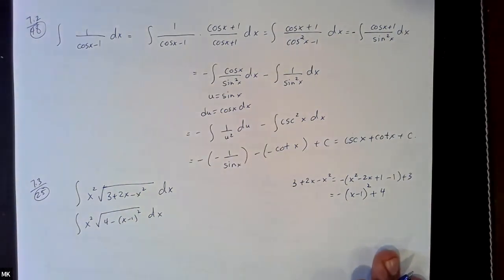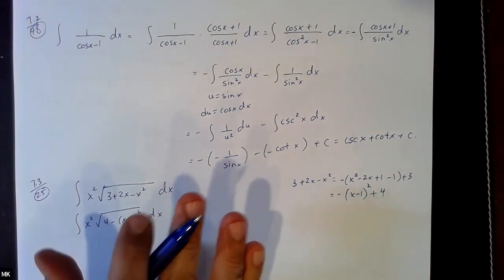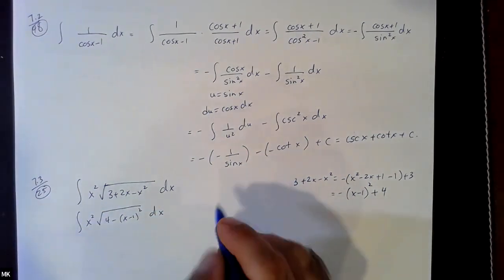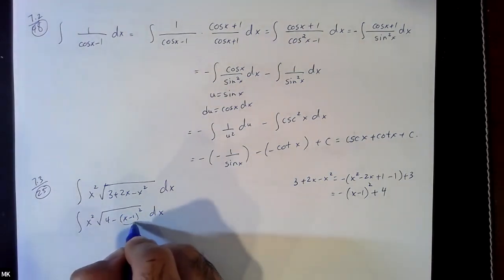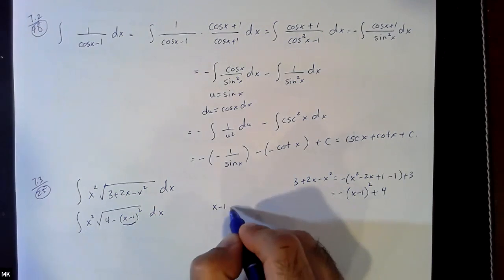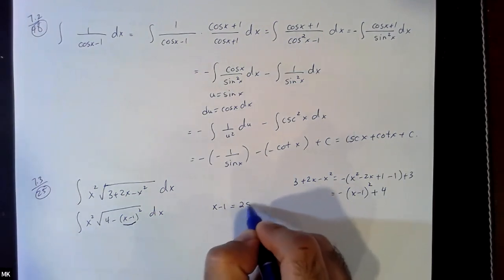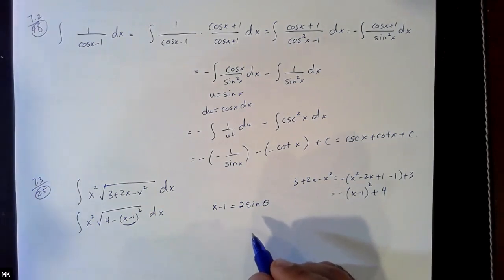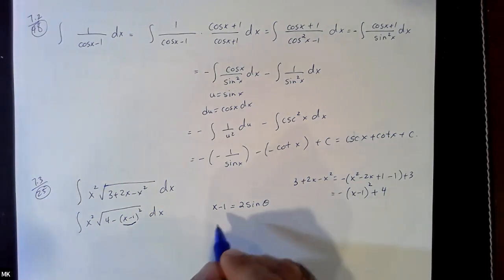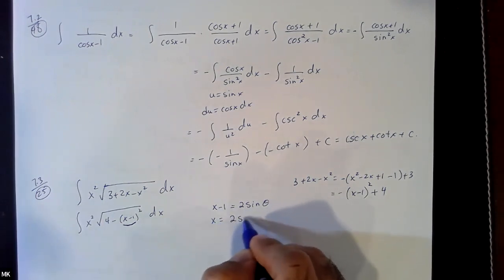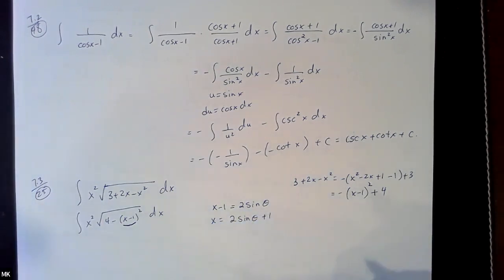So this is really the biggest part of the problem, to make sure that you do this to see the trig substitution. And then you combine these together to get your sub. So x minus 1 is 2 sine theta. Neat, huh? And then x is 2 sine theta plus 1.